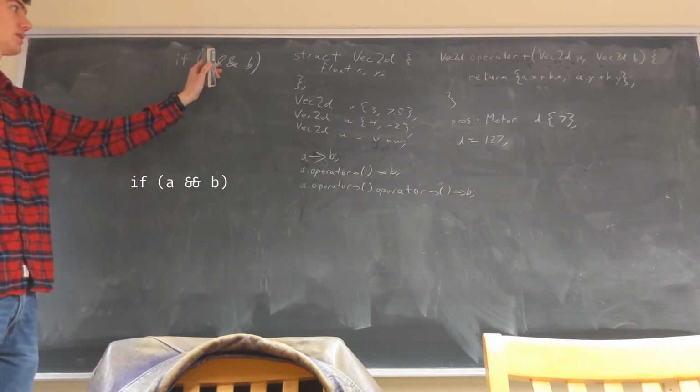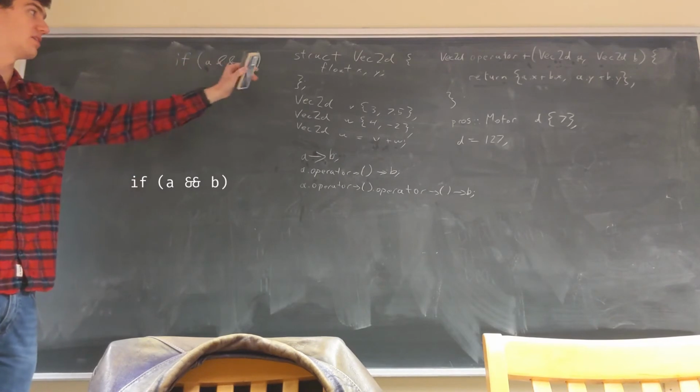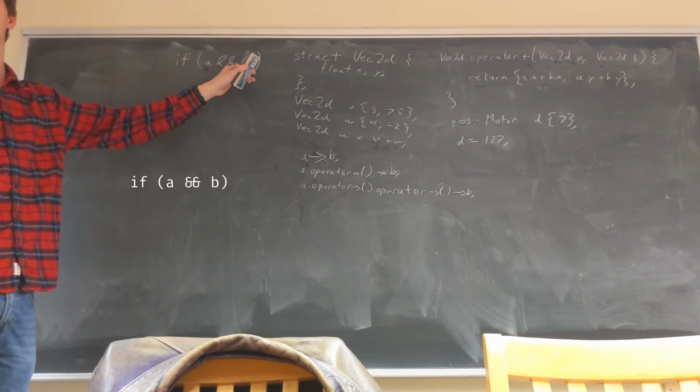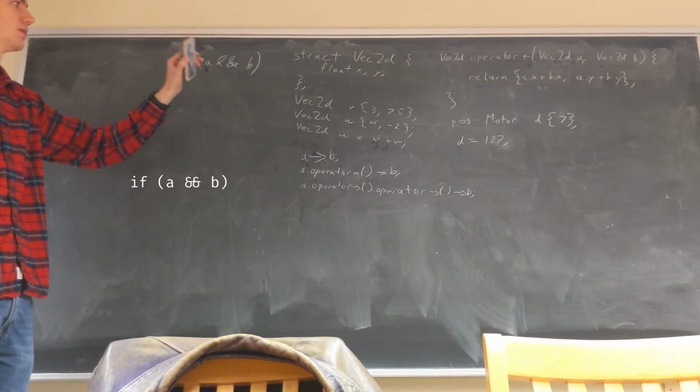If A is false, though, before even looking at B, it'll just skip to else, or to the end if there is no else. It will not evaluate B unless A is true.